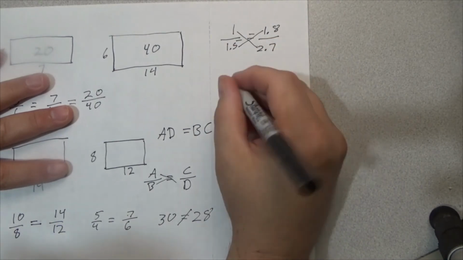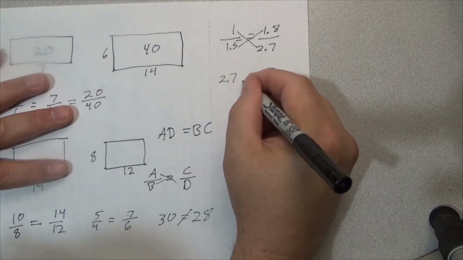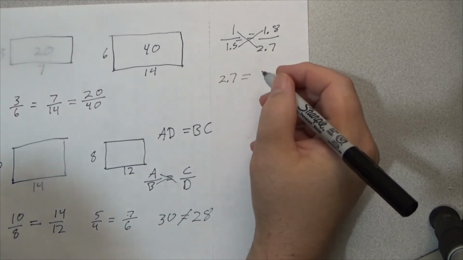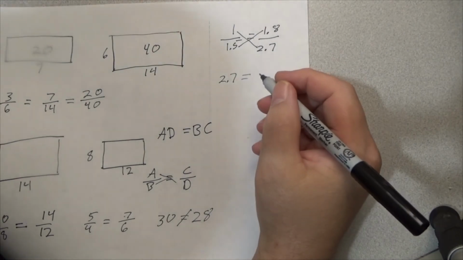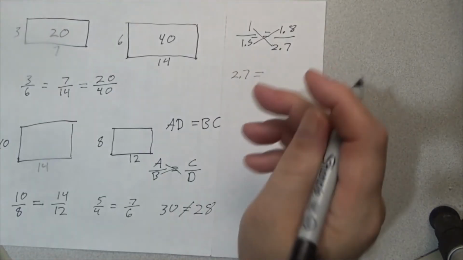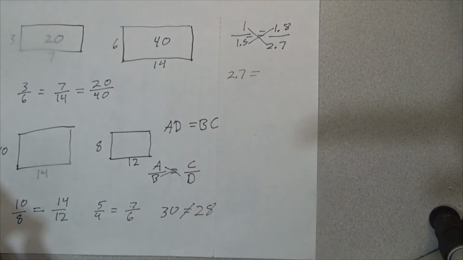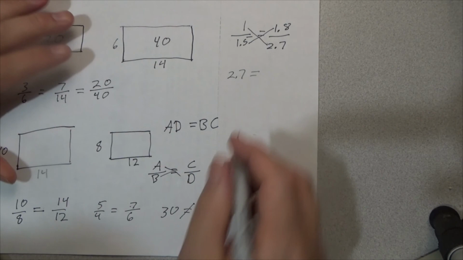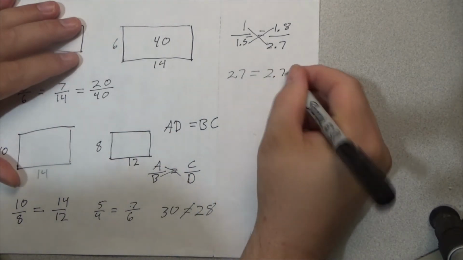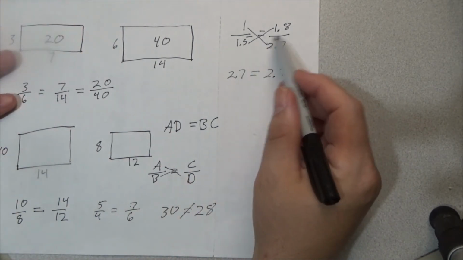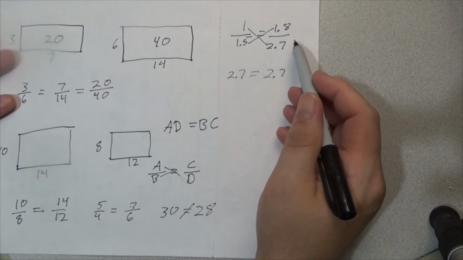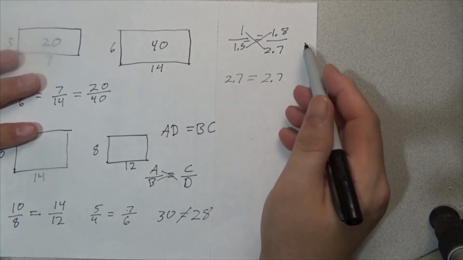So 1 times 2.7 is 2.7. Is that or is that not equal to 1.5 times 1.8? Well, let's find out. I'm not going to try that one in my head. 1.5 times 1.8 is equal to 2.7. So it didn't necessarily look like it at first, or maybe you're just really good at math and you could see it straight out.